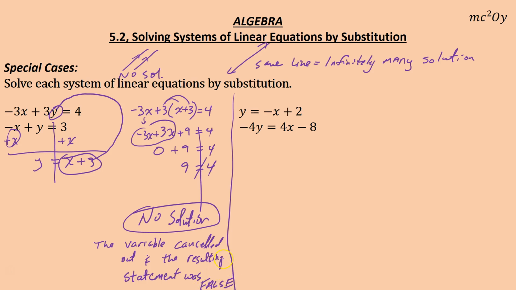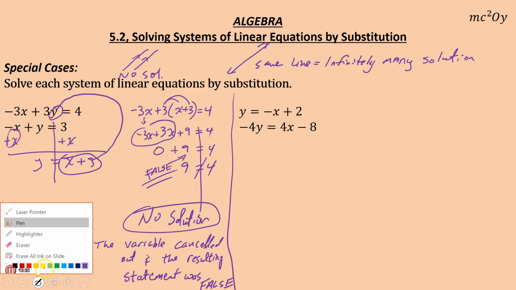Okay, 9 does not equal 4. This is false right here. Okay, if the resulting statement is false, then it's a no solution.